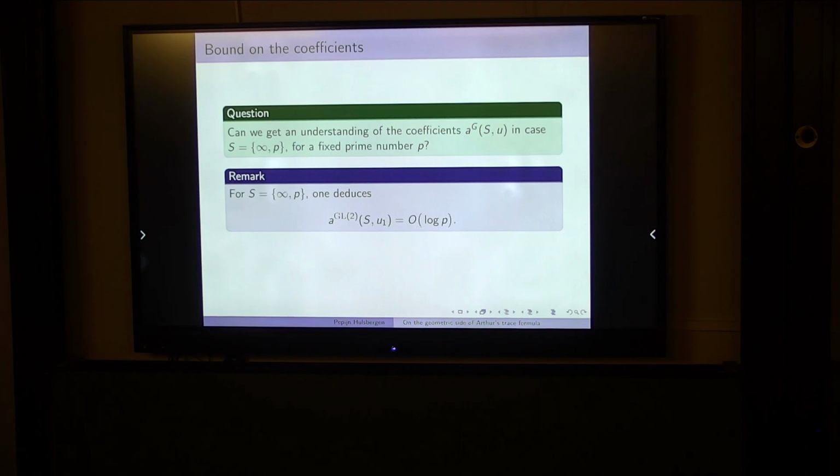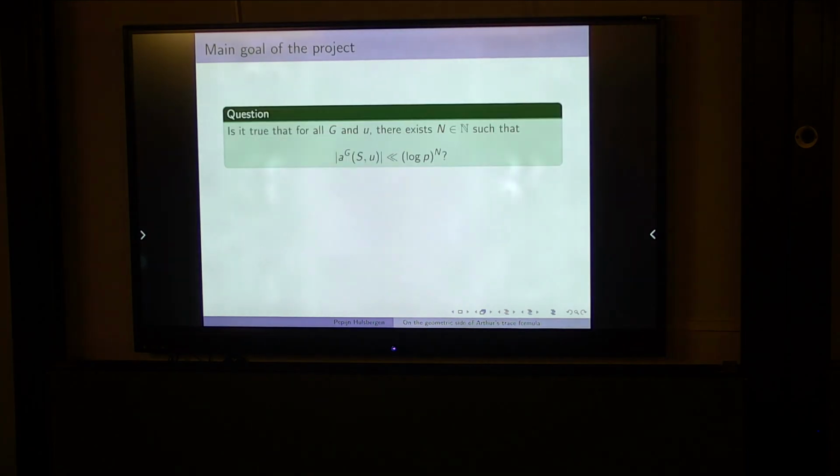And in fact, for SL2 and GL3 and SL3, this is also the case. So a natural follow-up question would be, is it maybe true for any reductive group and any unipotent element other than the identity that we have this bound for some n?